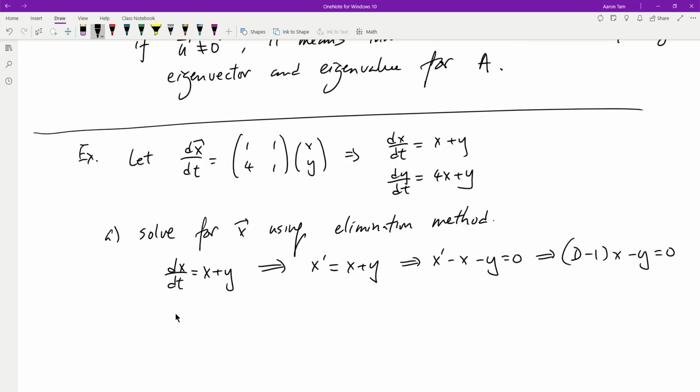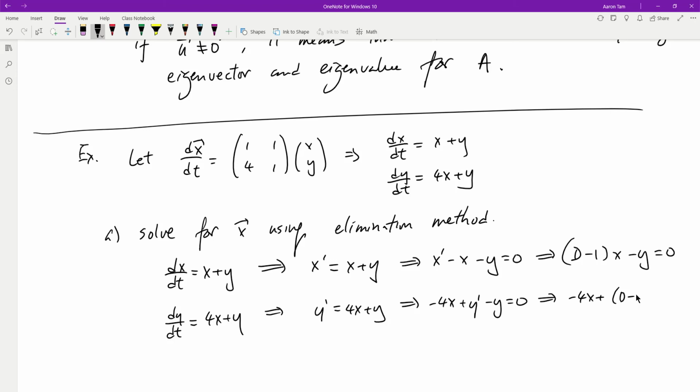And we'll take the second equation, dy over dt, which is equal to 4x plus y. That means y prime equals 4x plus y, so negative 4x plus y prime minus y equals 0. Therefore negative 4x plus d minus 1 of y equals 0.